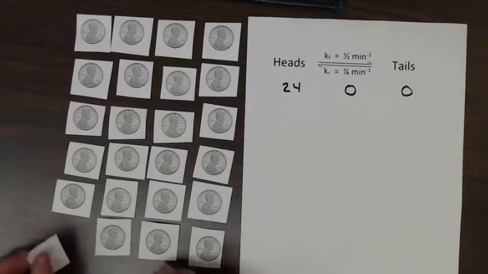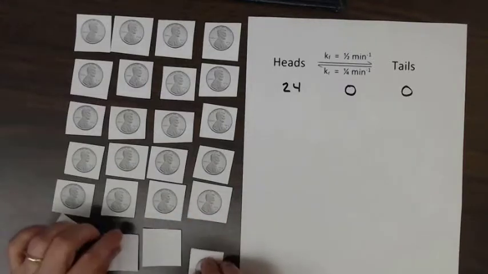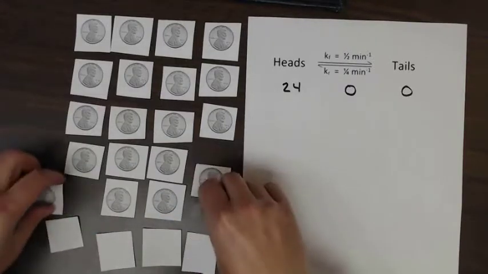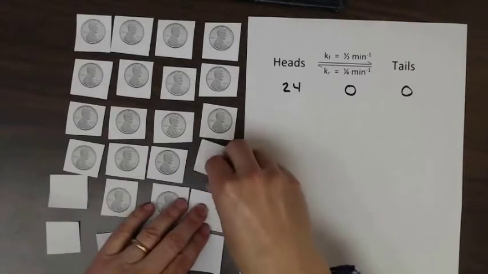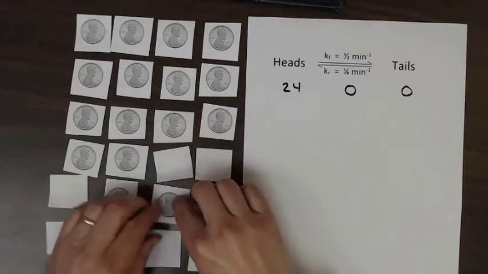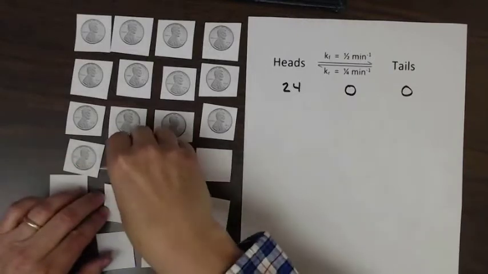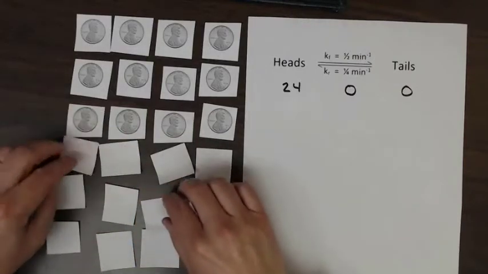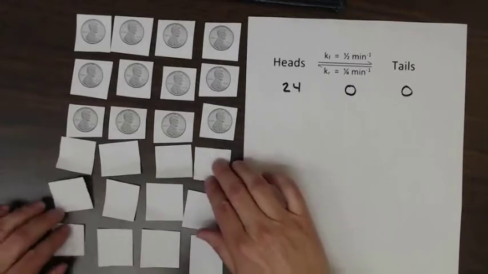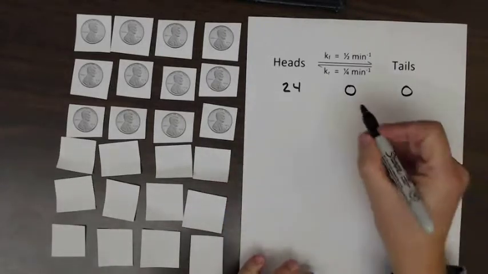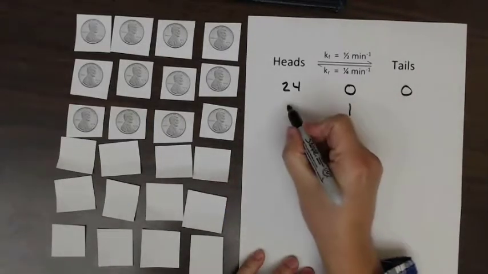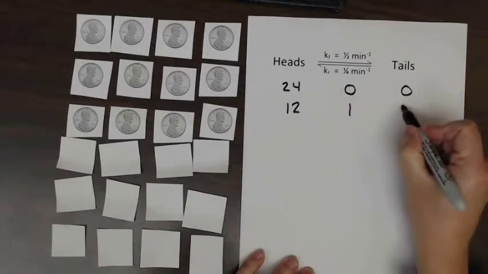So I'm going to flip 12 of the heads. 1, 2, 3, 4, 5, 6, 7, 8, 9, 10, 11, 12. So now, after 1 minute, we have 12 heads and 12 tails.